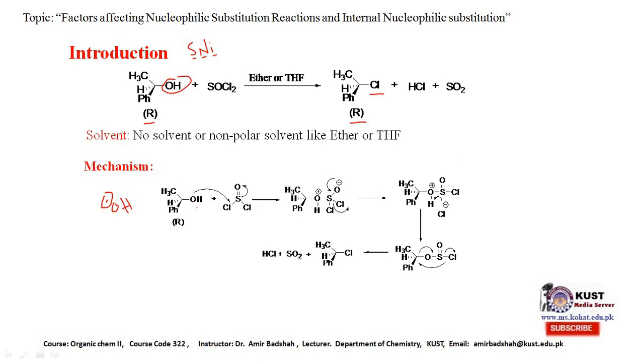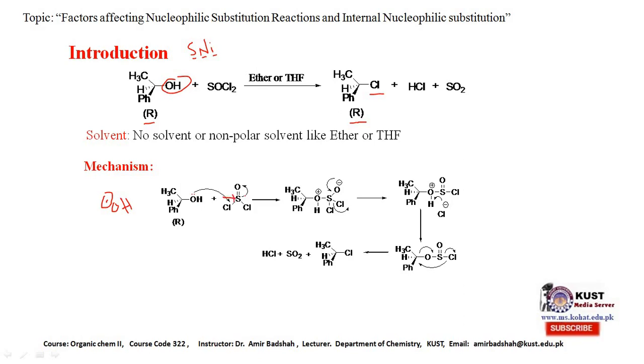First we should convert it into a good leaving group. To do so, it should be activated, and after that it can easily leave. So first, this oxygen, which has a lone pair of electrons, attacks this sulfur.